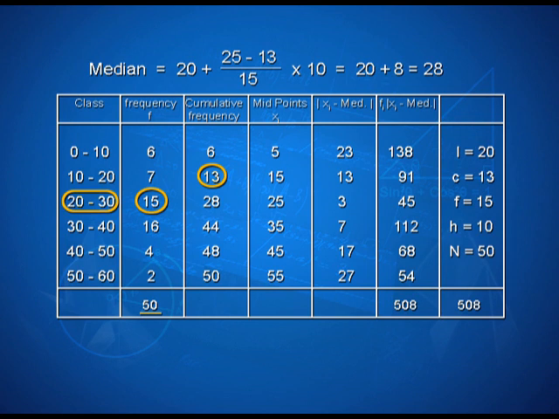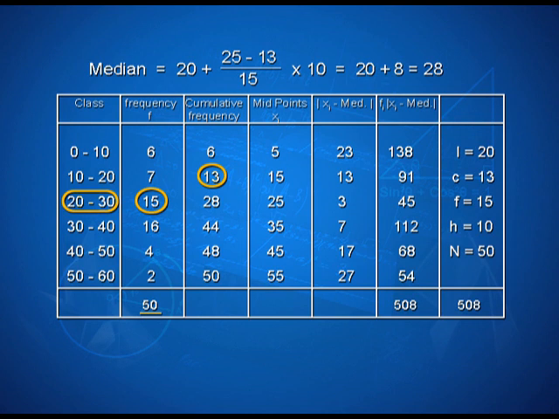Cumulative frequencies, as you know, can be calculated as first 6, next 6 plus 7 gives us 13, 13 plus 15 that is 28, 28 plus 16 is 44 and so on. The midpoints of the classes are taken as (0 plus 10) upon 2 that is 5, (10 plus 20) upon 2 that is 15 and so on.